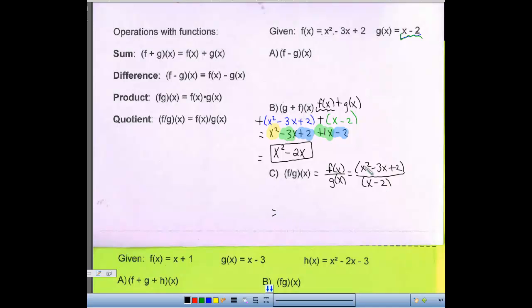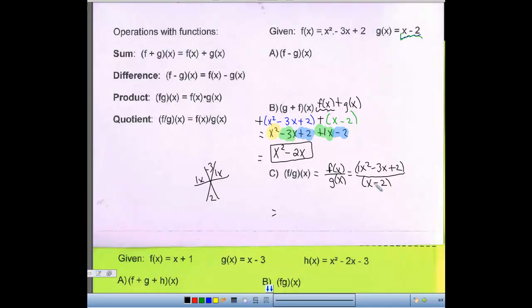Now I need to factor, if I can, to simplify. So x squared minus 3x plus 2 over to the side. A times c, 1 times 2 is 2. The b is negative 3. A times x is 1x and 1x.